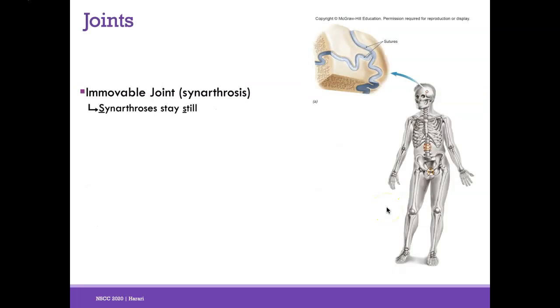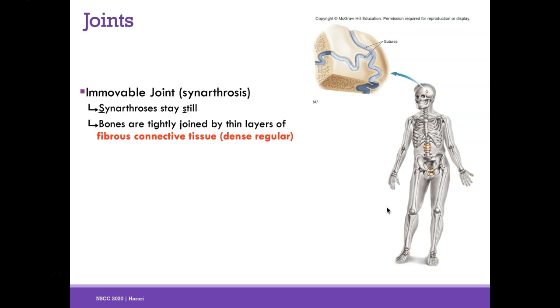So, let's talk about different categories of joints, starting from the least mobile. An immovable joint is called a synarthrosis. Plural is synarthroses. And a good way to remember it is S, synarthroses, stay still. Those are like sutures. So bones are actually tightly joined by thin layers of fibrous connective tissue.